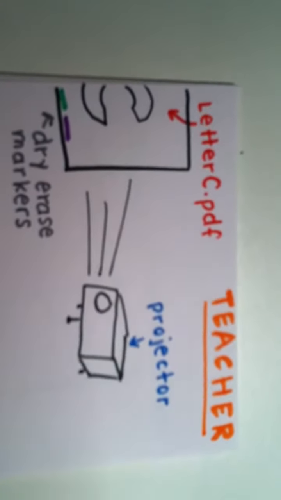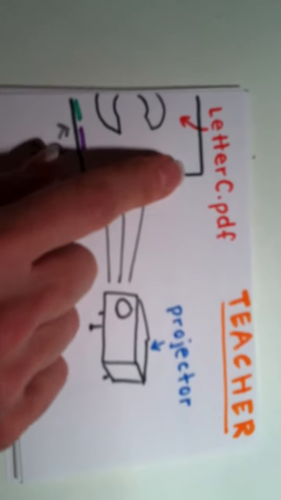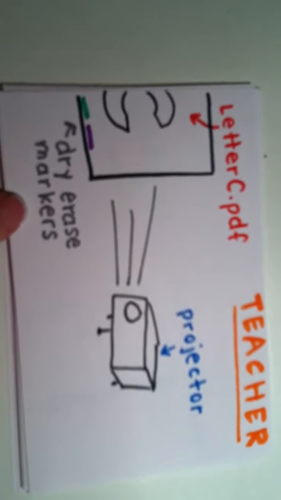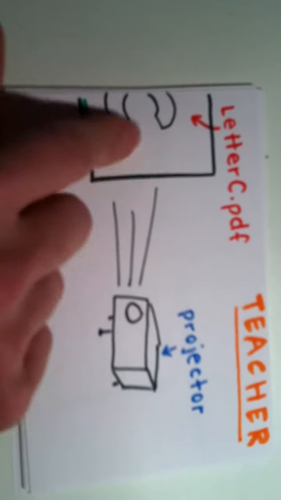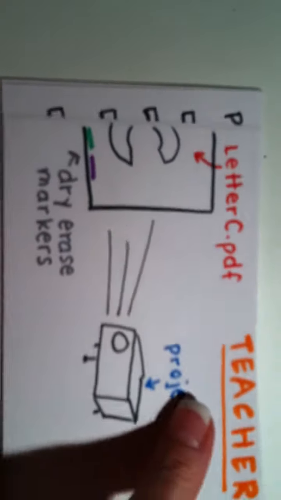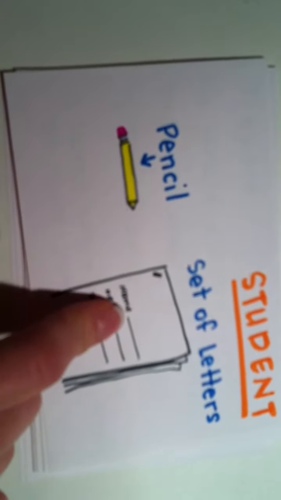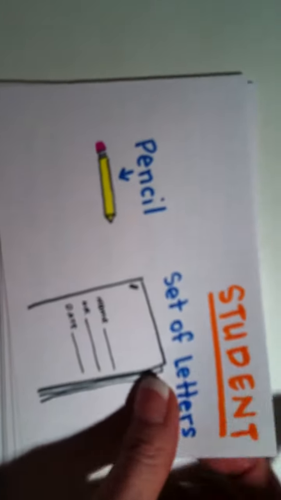The materials that you'll need as a teacher are the letter C PDF, which I will email to you, dry erase markers or whatever kind of markers you use on your screen, and your projector hooked up to your laptop. The students will need simply their pencils and a set of letters. Copies have been made, so you'll just be ready to distribute those.